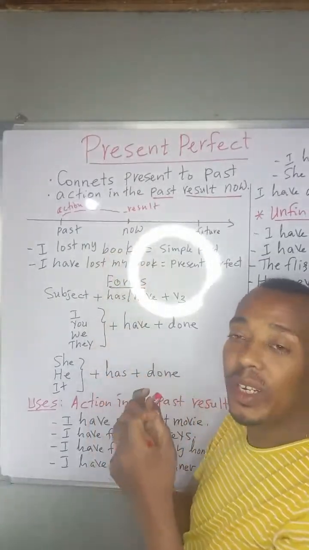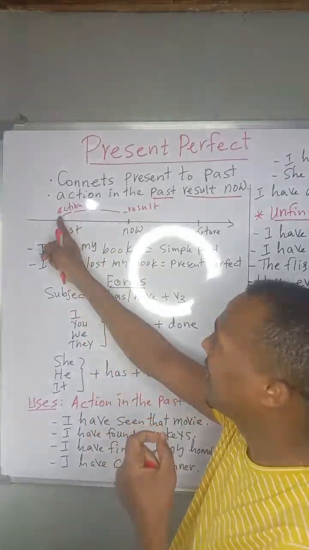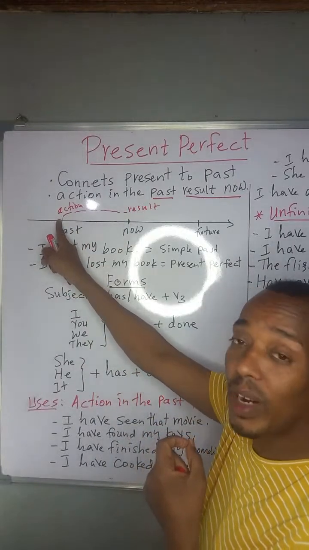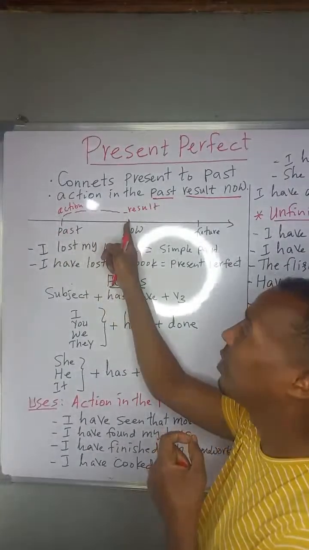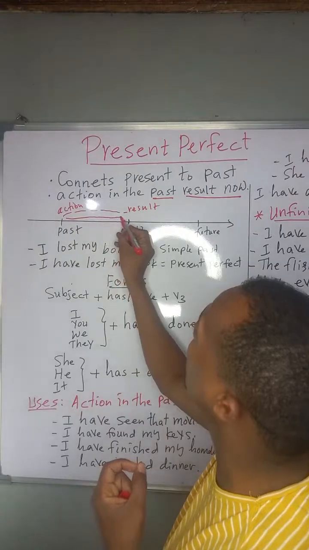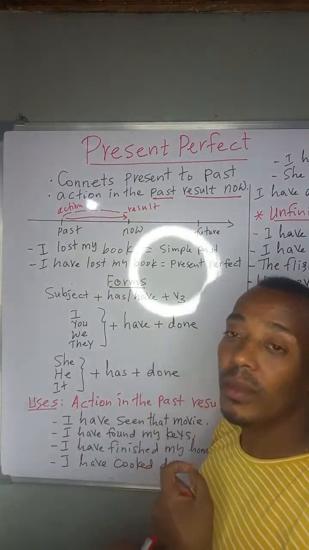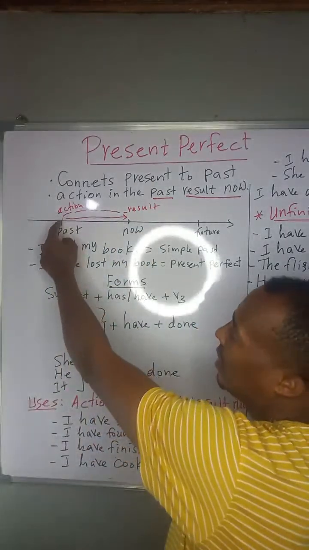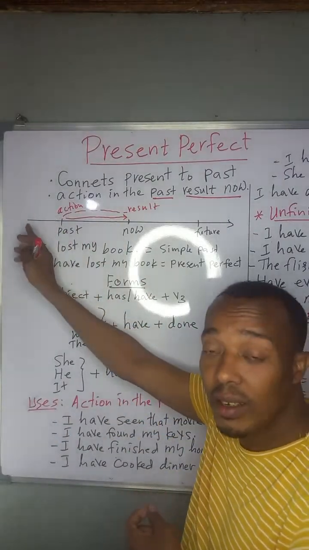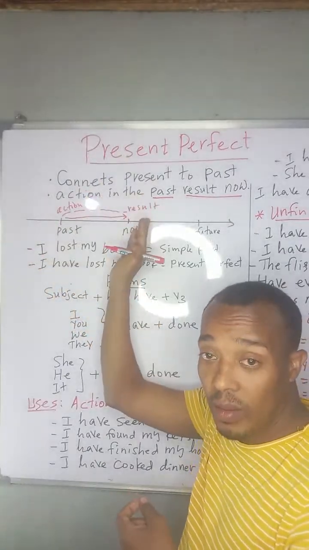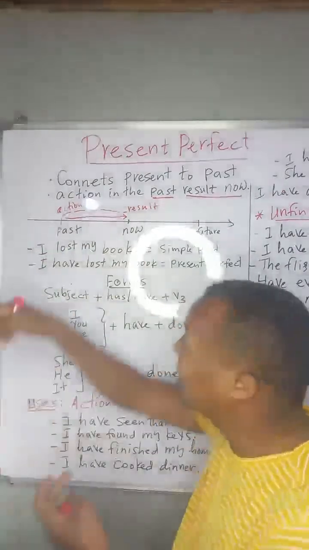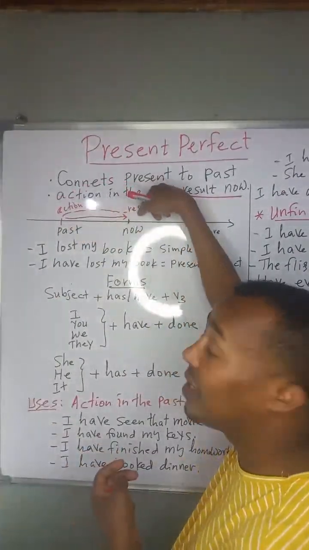The second use is an action that started in the past and is still going on, continuing up to the present. The third one is an action in the past and experience now. The action is already done in the past, but the experience of the action is seen now.